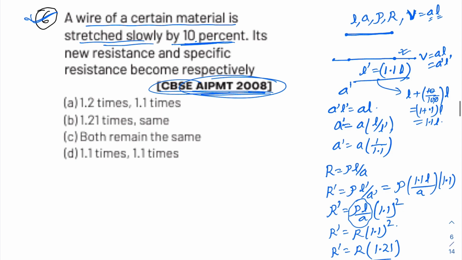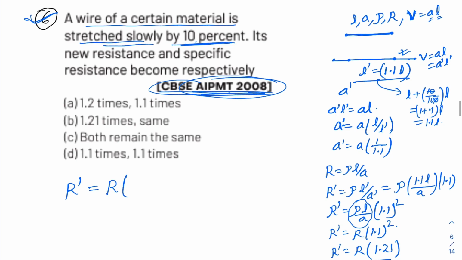Now we have already seen that if this type of question is there, we can simply write R dash is equal to R into the factor by which your length is increased.